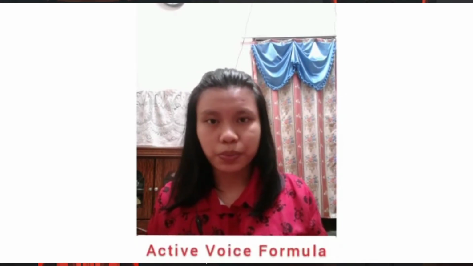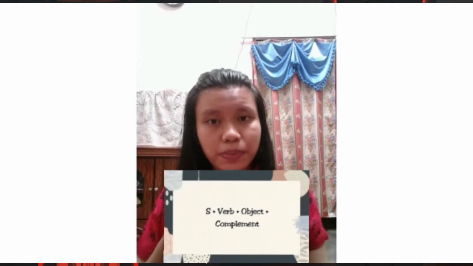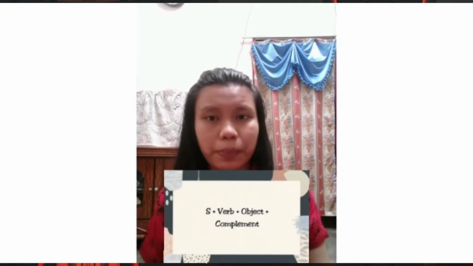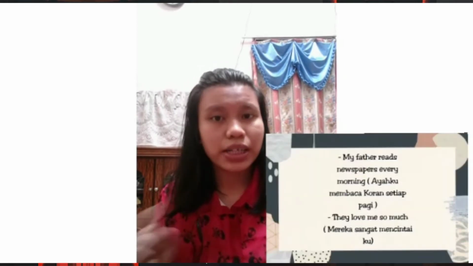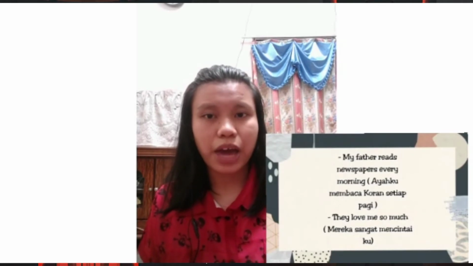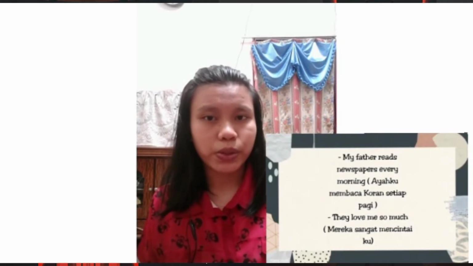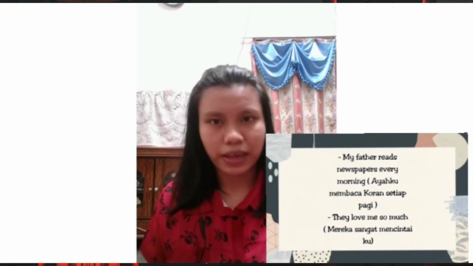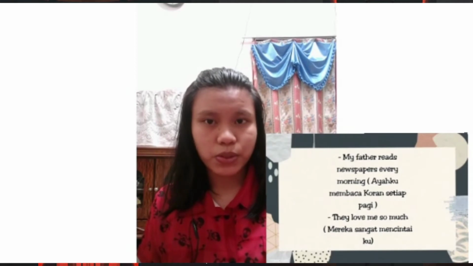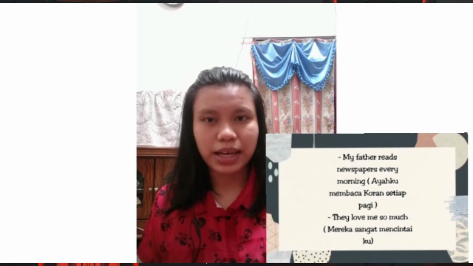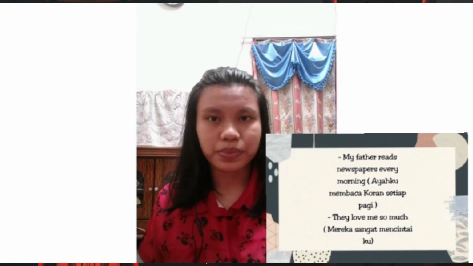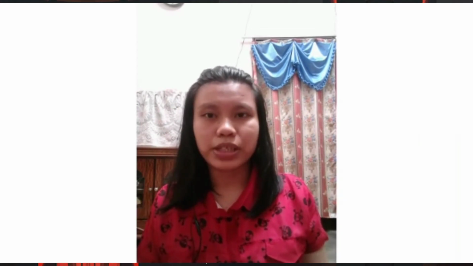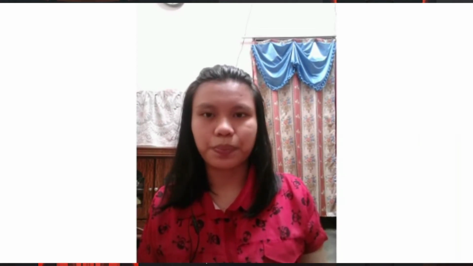Active voice formula: subject plus verb plus object plus complement. For example, my father reads newspaper every morning. Ayahku membaca koran setiap pagi. And the second, they love me so much. Mereka sangat mencintaiku.